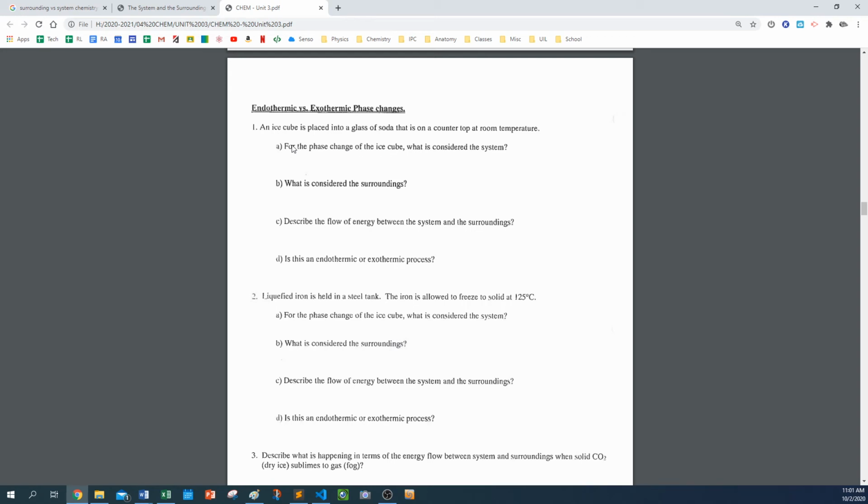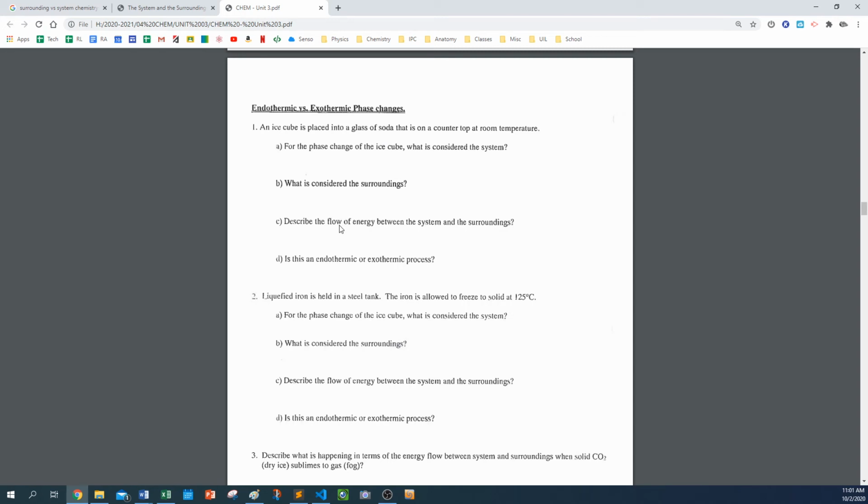So again, the system is going to be the target of our focus. The system is going to be the individual ice cubes. What would be considered the surroundings? The air, the glass, the soda. The soda itself would be considered the surroundings.